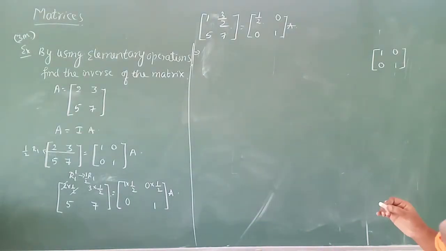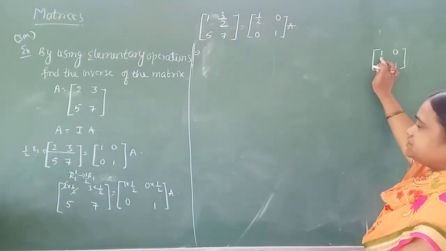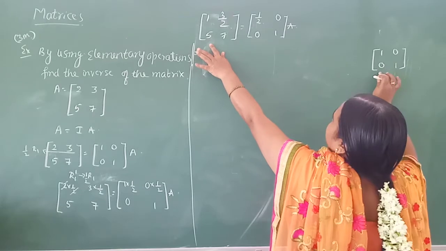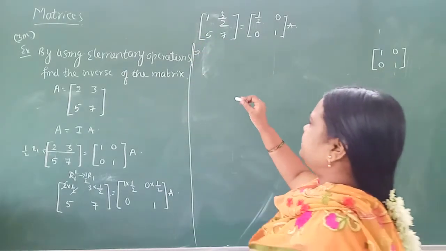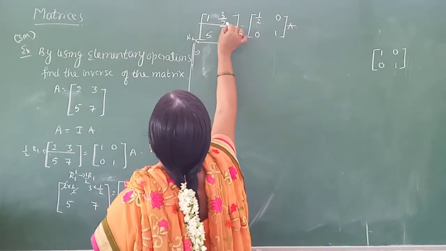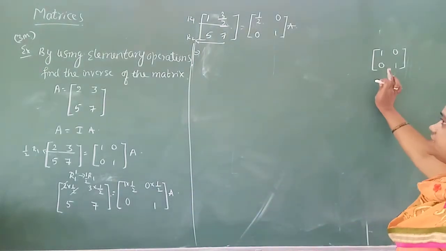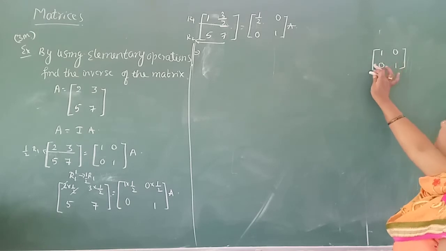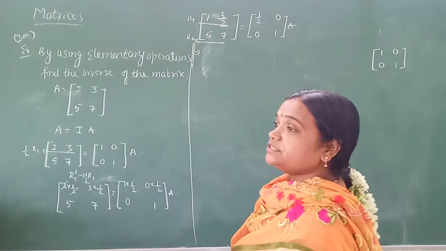Next, we have done the first step. Now we convert this entry into 0. This is R2, this is R1. I want to convert the 5 in the second row into 0.